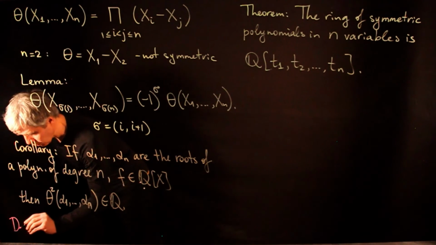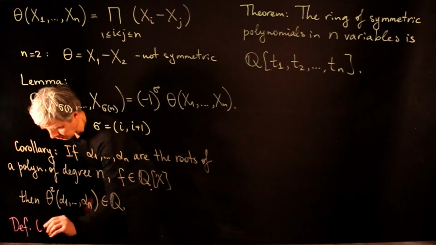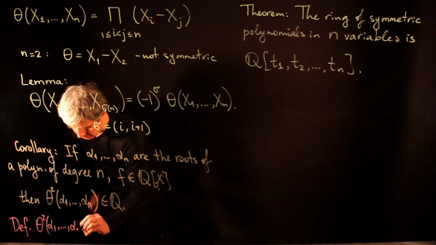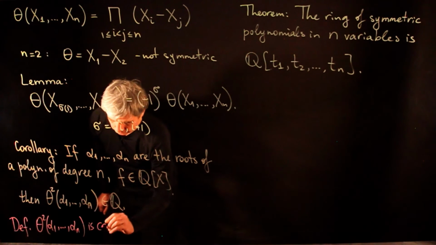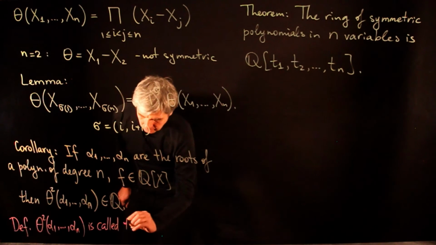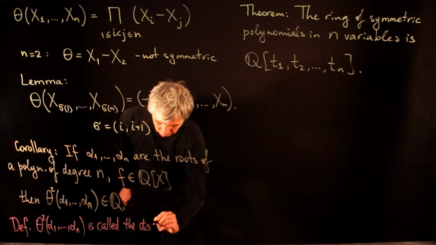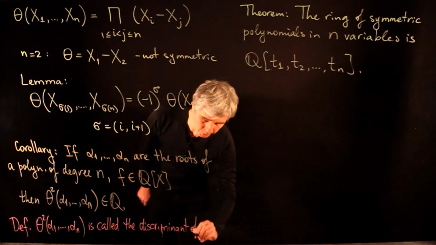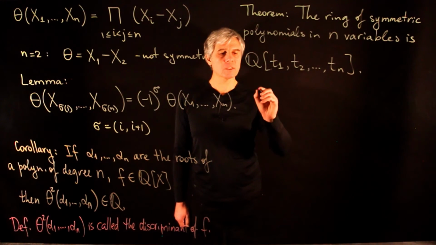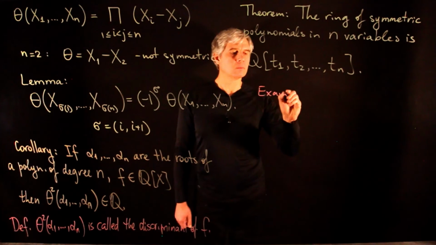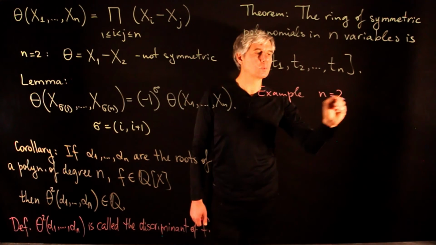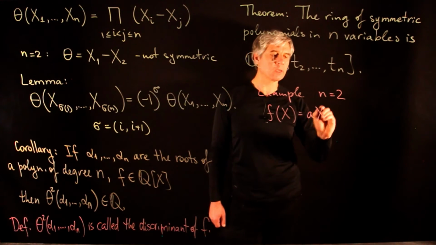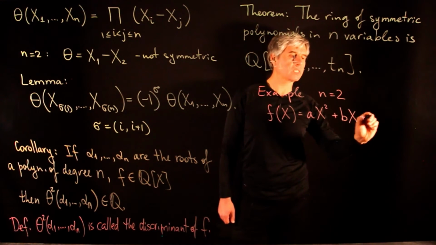And we give the definition that theta squared of alpha_1, ..., alpha_n is called the discriminant of the polynomial f. Let's look at an example when n is equal to 2. So suppose f(x) is equal to ax^2 + bx + c.